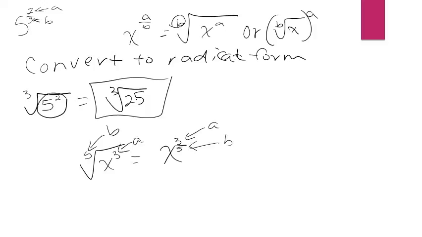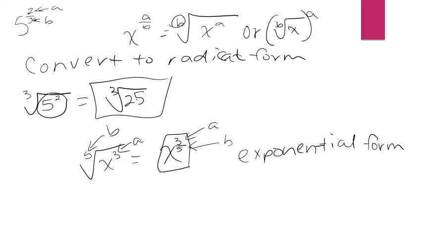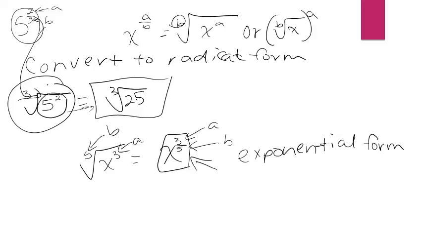So this is our answer right here. If we have a radical with an exponent and we want to put it in exponential form, then this is what we're going to do. And if we have our exponential form and we want to turn it into radical form, then this is how we go about the process.